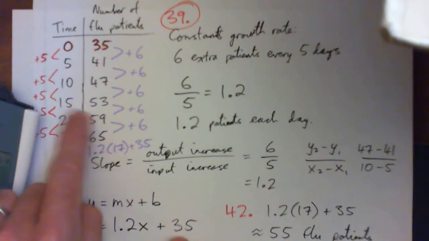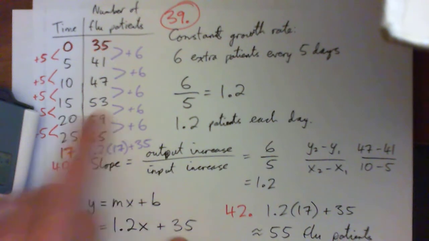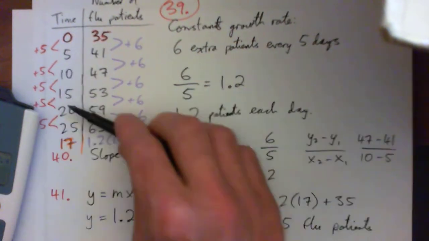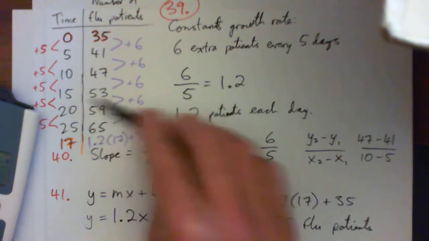Like on day 15 there were 53, day 20 there were 59, so 55 sounds about right for day 17. It's in between there, isn't it?